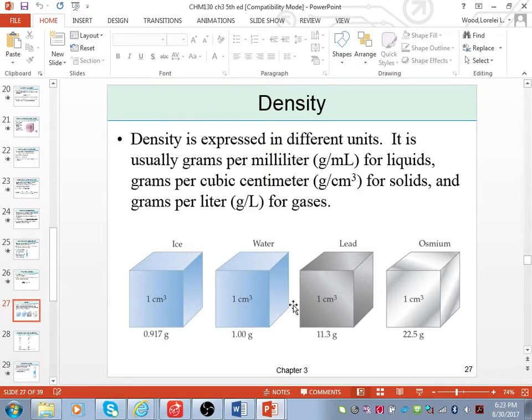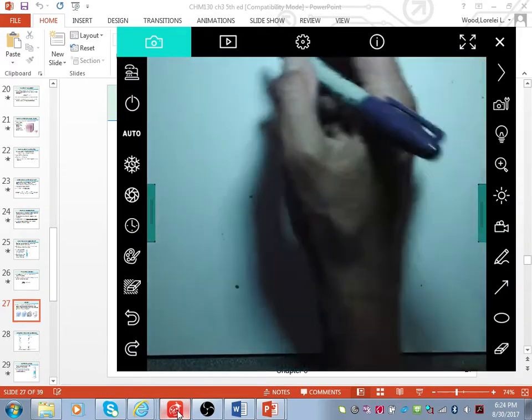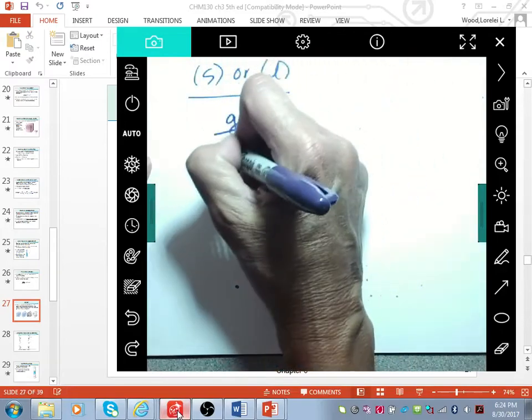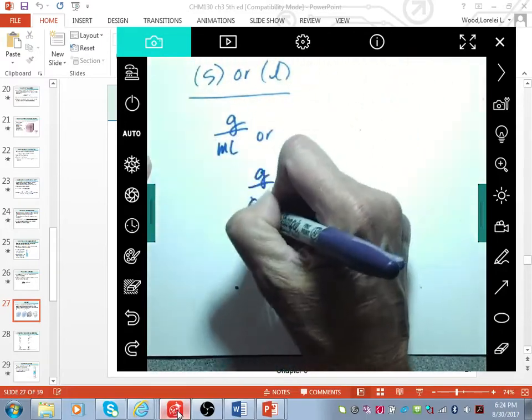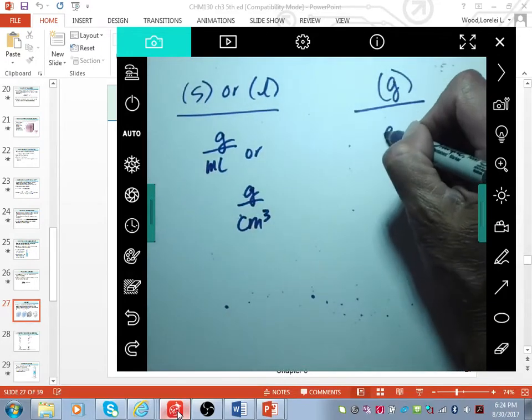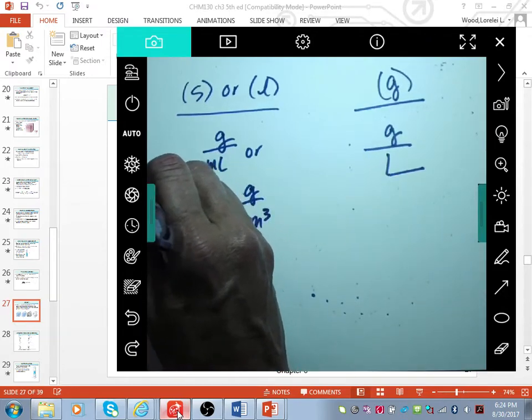We look at density in some common units for things that are solid or liquid. So solid or liquid densities are always in grams per milliliter or grams per cubic centimeter. If you're talking about the density of a gas, because gases are so far apart from each other, it's grams per liter. Solids' particles are very close together, right?